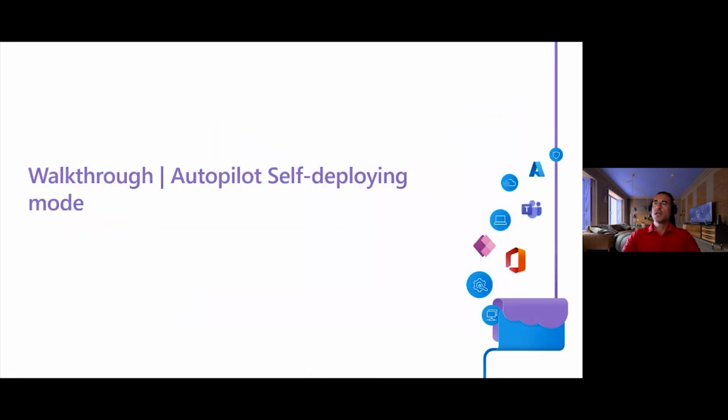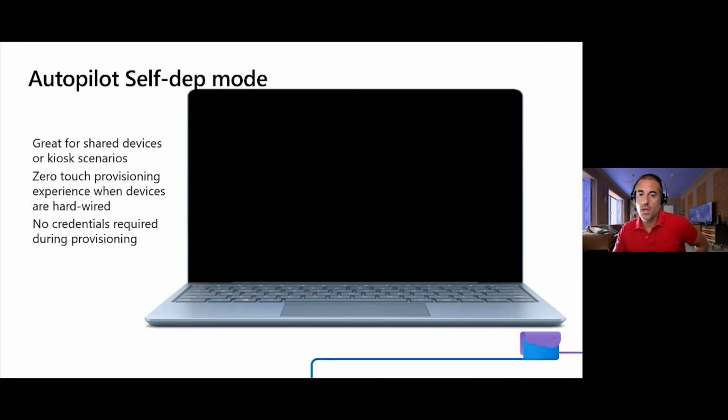Now let's have a look at the last Windows Autopilot option, which is Autopilot self-deploying. Self-deploying is ideal for shared device scenarios, which are commonly used in early grades, as well as for kiosk devices.